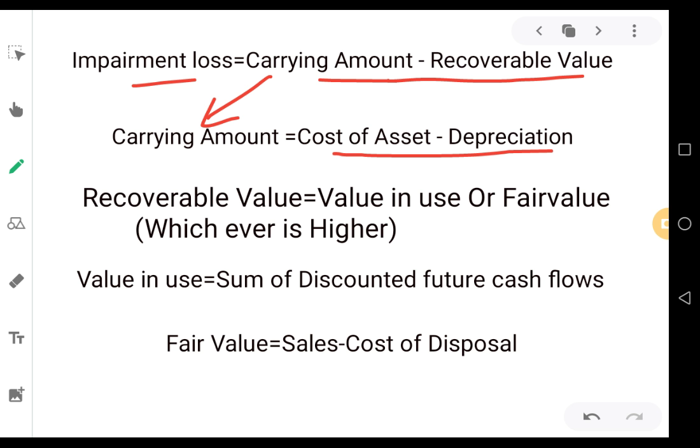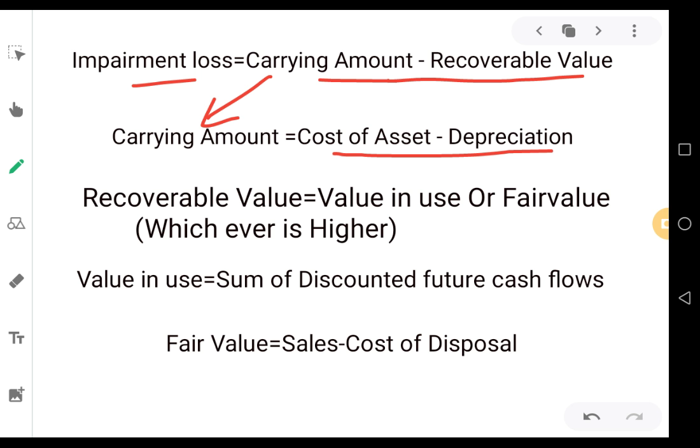When you calculate the carrying amount in the year 2020, you should subtract 5 years of depreciation. So the depreciation should be subtracted from the date of acquisition to the last date on which we are calculating its carrying value. Therefore, you can call it cost of the asset minus accumulated depreciation.